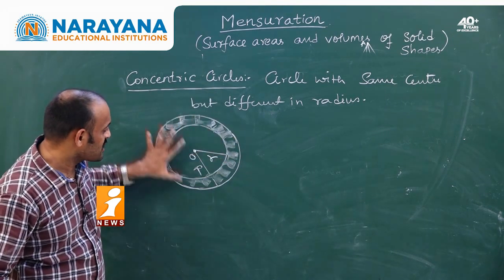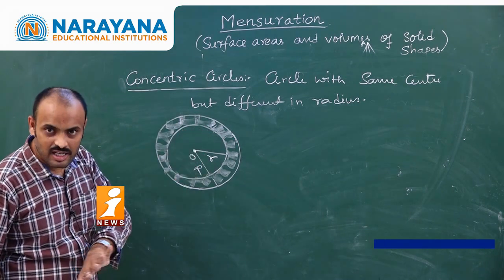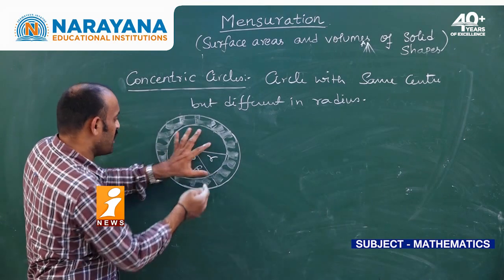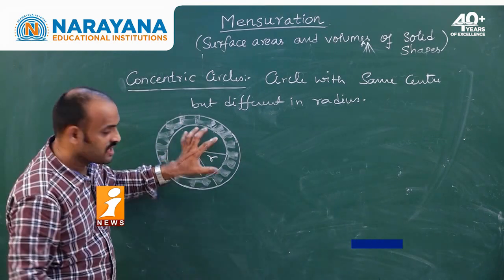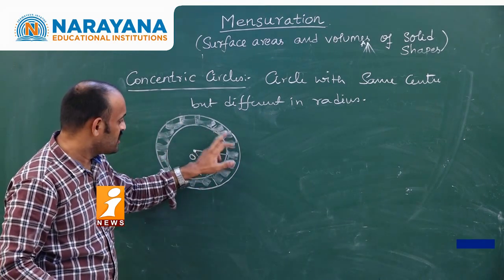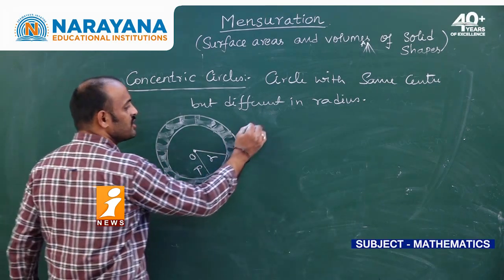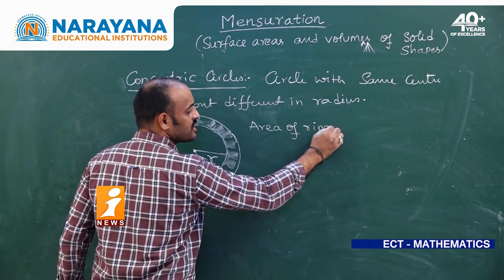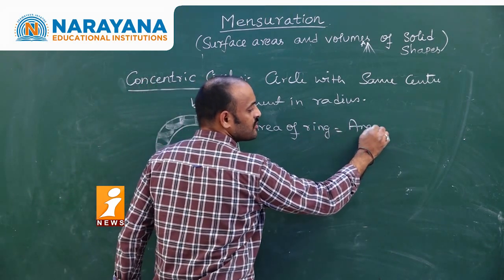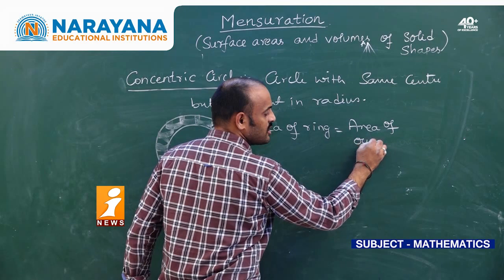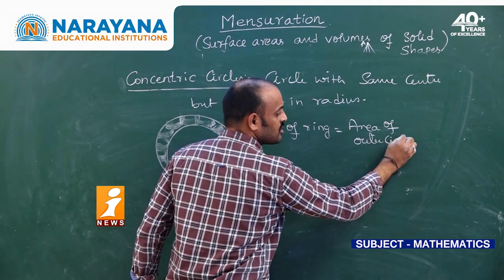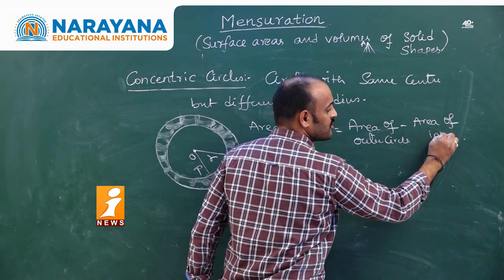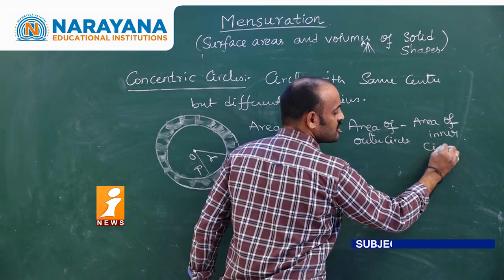See, from the entire circle, if I remove the inner circle, I will get this shaded part, or not? From the entire circle, I am going to remove the inner area so that we get the shaded area. Therefore, area of the ring is area of outer circle minus area of inner circle.